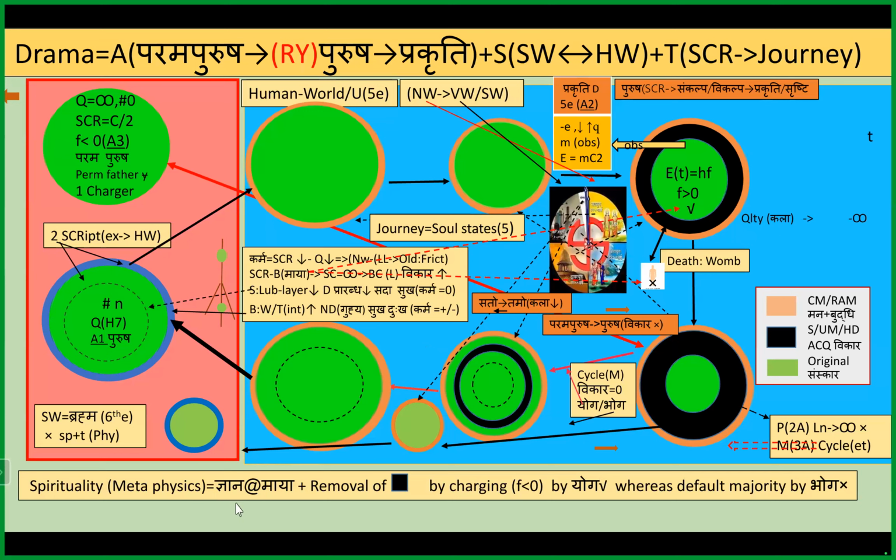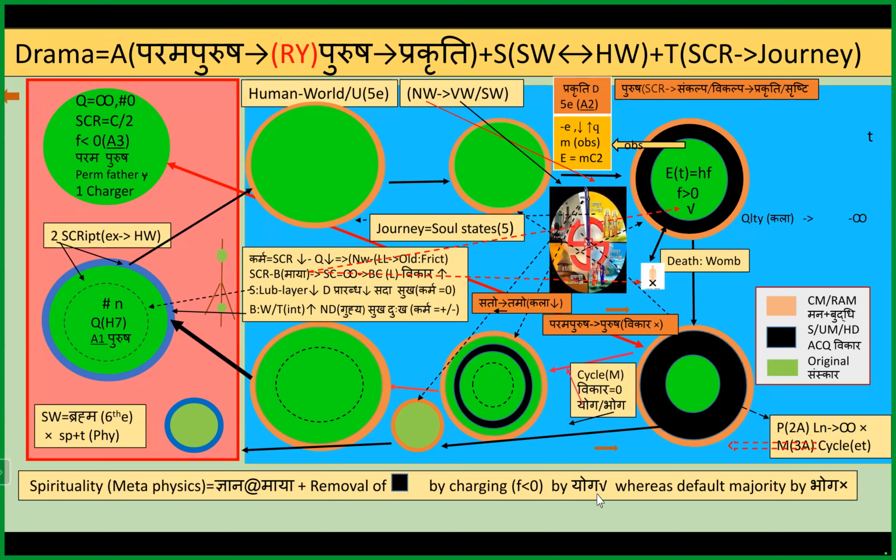Spirituality is that once we understand through Gyan what Maya is, we remove the vikar by charging. And this can only happen here, because everywhere else in this world, with the law of entropy, the frequency is greater than zero, so it always discharges. In the best case, you can do samadhi where the frequency is zero, so there will not be any discharge, but there will not be a charge either. If you want to charge, there is only this one frequency zero.